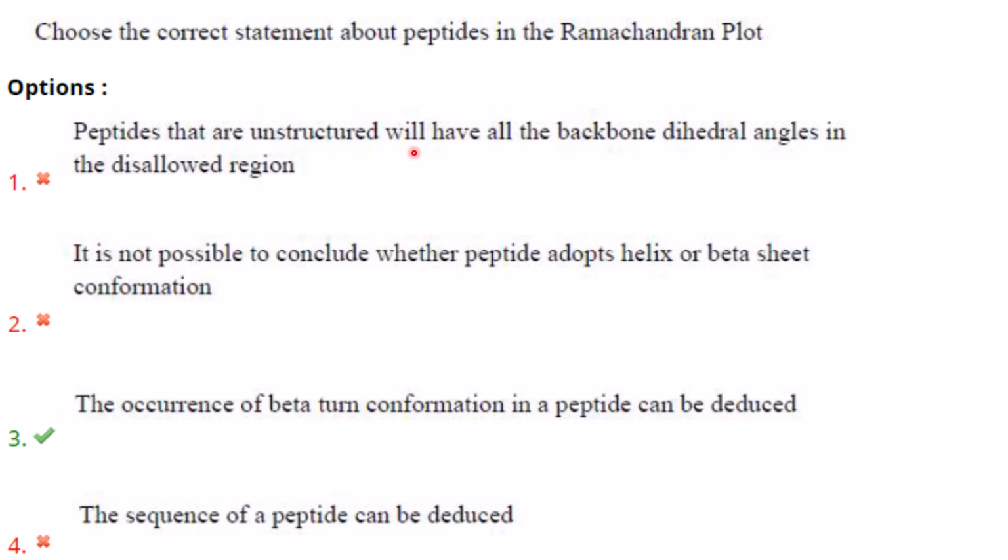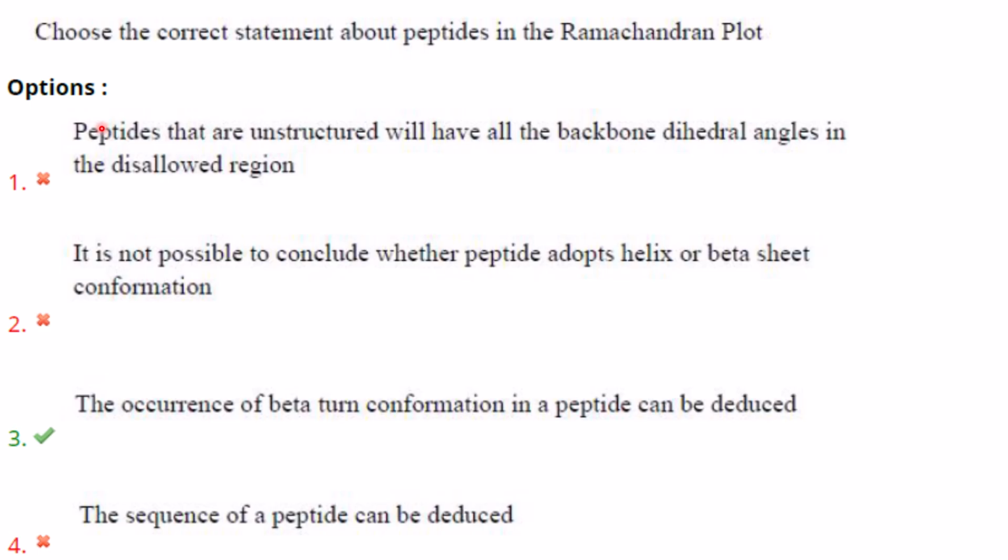Peptides that are unstructured. Unstructured peptide means they lack a stable fixed three-dimensional structure. They are usually in a flexible, disordered state and are usually called random coils. Will have all the backbone dihedral angles in the disallowed region? No, it is in the allowed region.